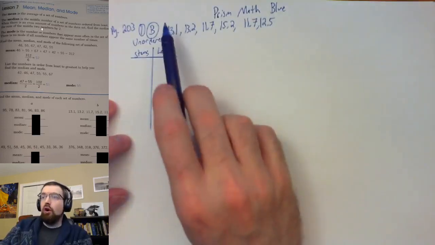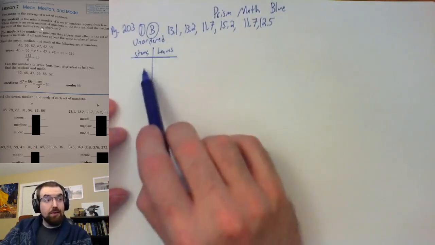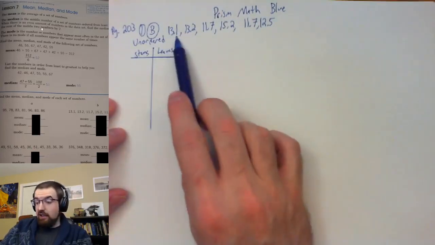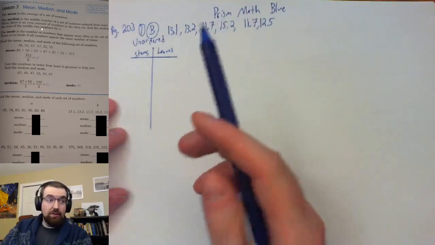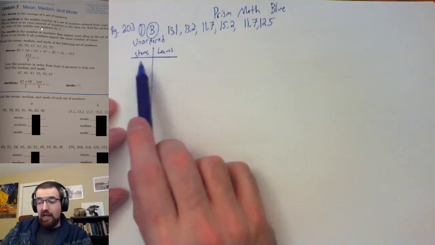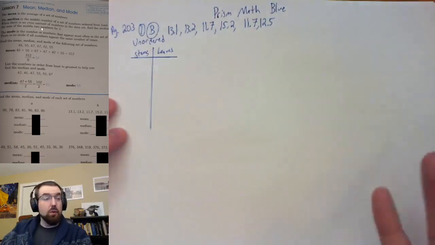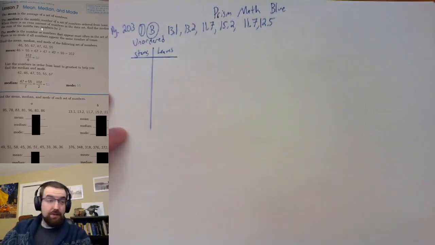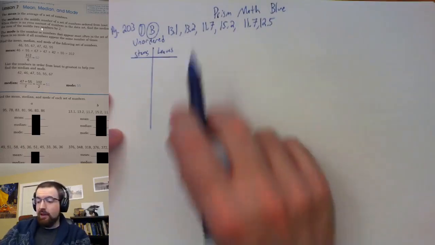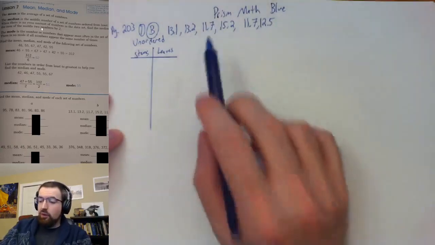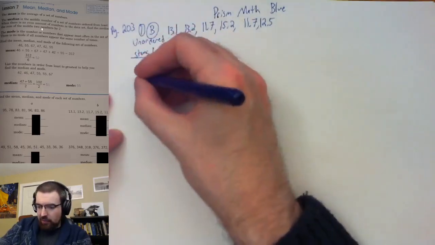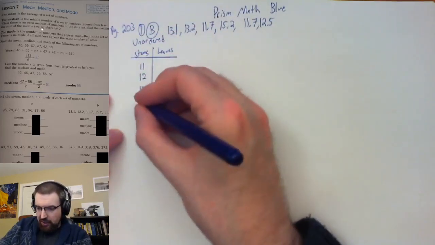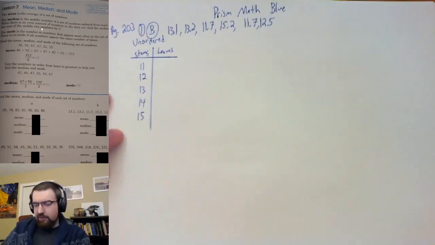If I pick 1 for my stem, then there's going to be a different leaf for each number, but there's only going to be the one category. And we don't want there to be one stem, right? If there's only one stem, it defeats the purpose of making this diagram in the first place. So I'm going to pick the first 2 digits, and I see that 11 is the lowest and 15 is the highest. So I'll have my 11, 12, 13, 14, and 15 for my stems.